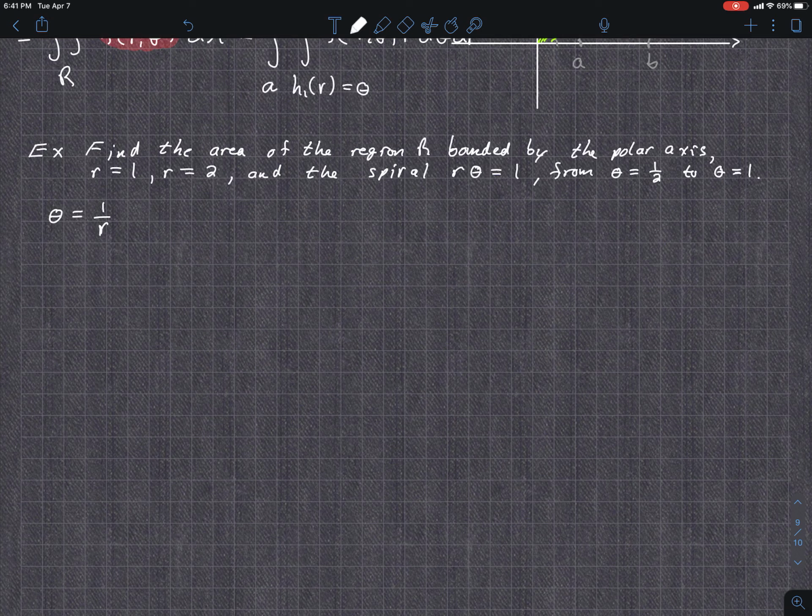Now this takes a little review to set this up, but we have theta is 1 over r. And you may want to check out what the spiral looks like, but it's basically you got your polar axis, and it essentially looks like this. And then you go from 1 to 2 as your arcs. So those are your arcs going like this. And so this is the region in question that we want to find.